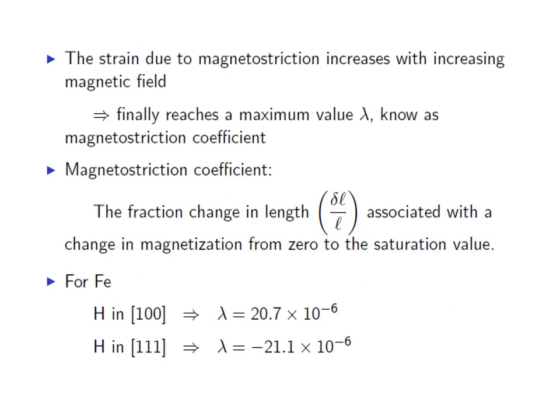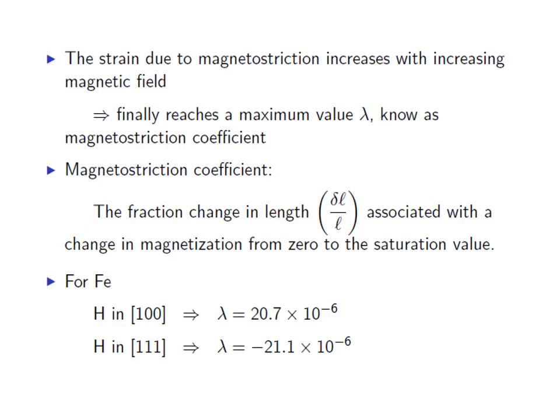The strain due to magnetostriction increases with the magnetic field. Finally, it reaches a maximum value known as the magnetostriction coefficient. The magnetostriction coefficient lambda is given by delta L over L. Here delta L is the change of the length, L is the initial length of the sample.